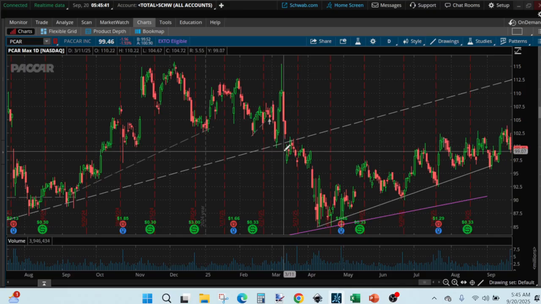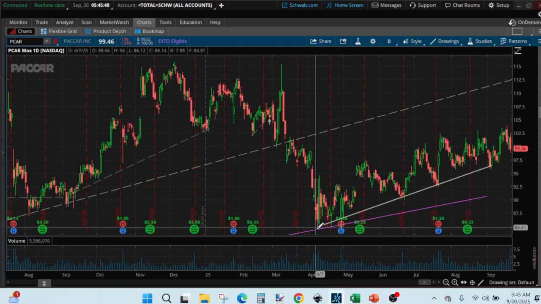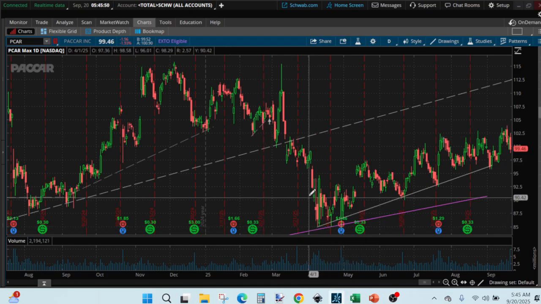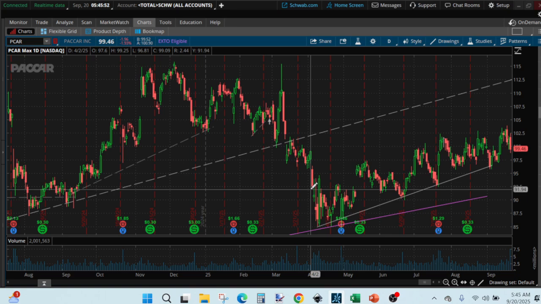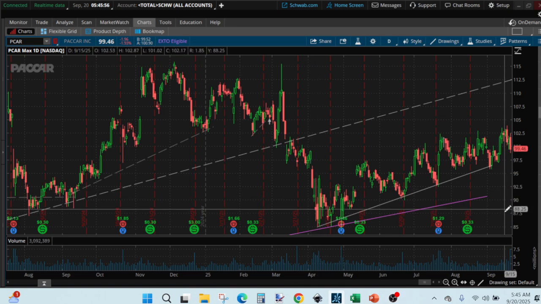No, hold on, let's take it from the bottom up. So this low is lower than this one, and this one, the red bar, for instance. Today is September 20th, 2025, and the market closed on the 19th, 2025.